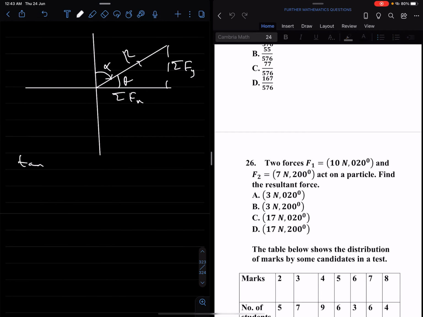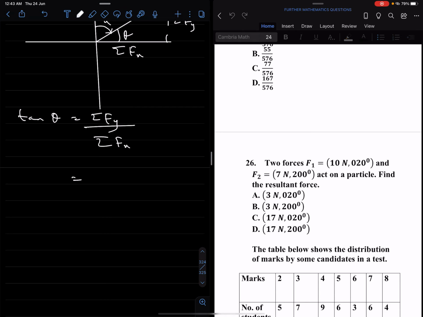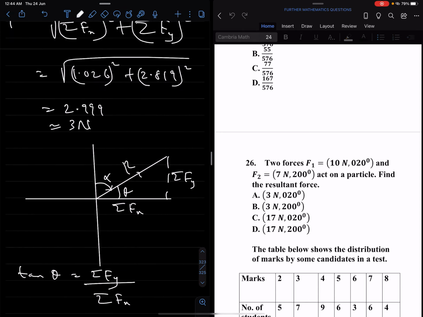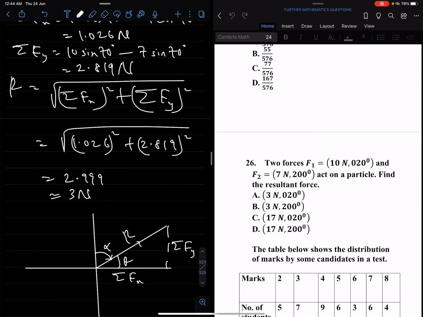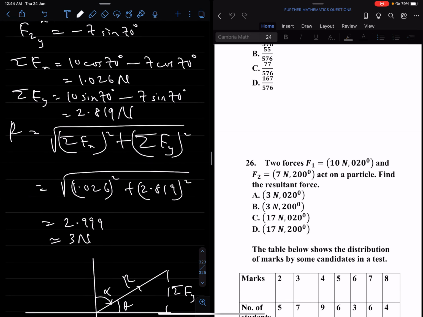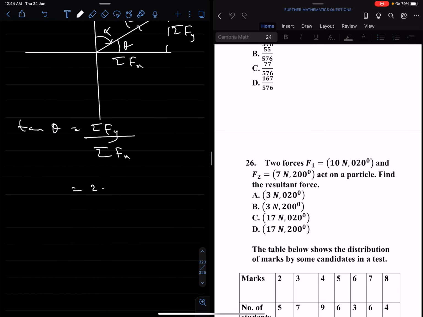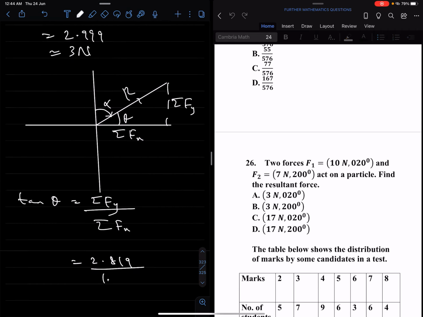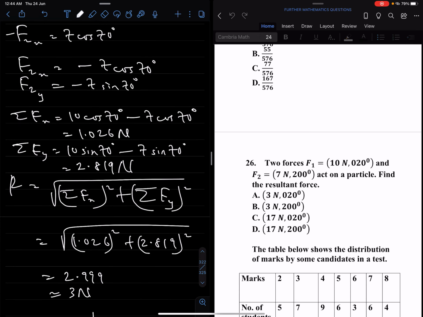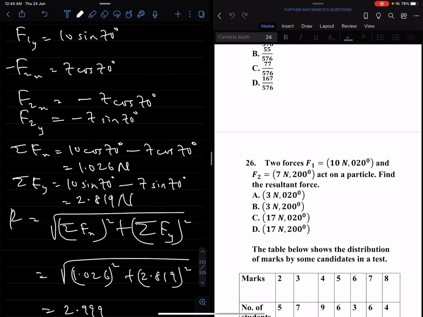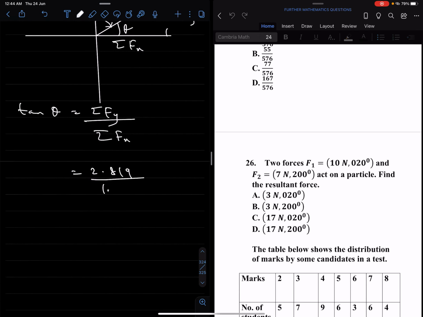Tan theta is the same as summation Fy over summation Fx, which is the sum of vertical components of forces, 2.819, over the sum of horizontal components of forces, that's 1.026.